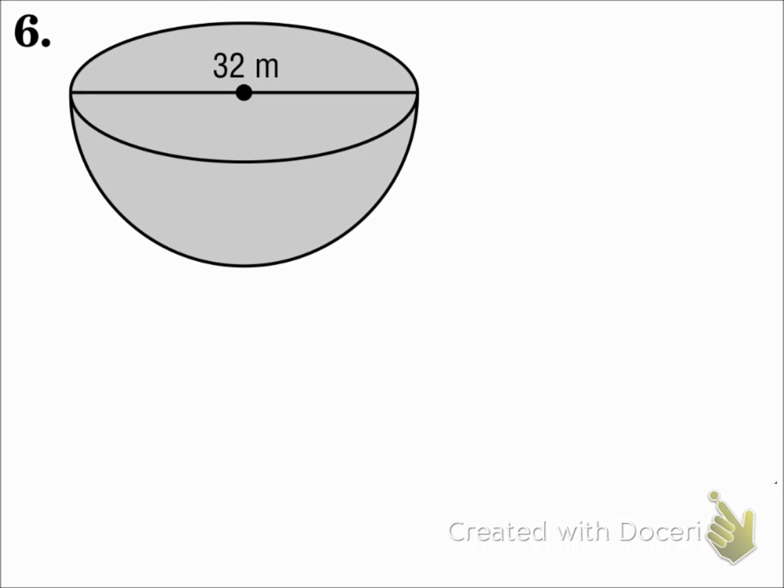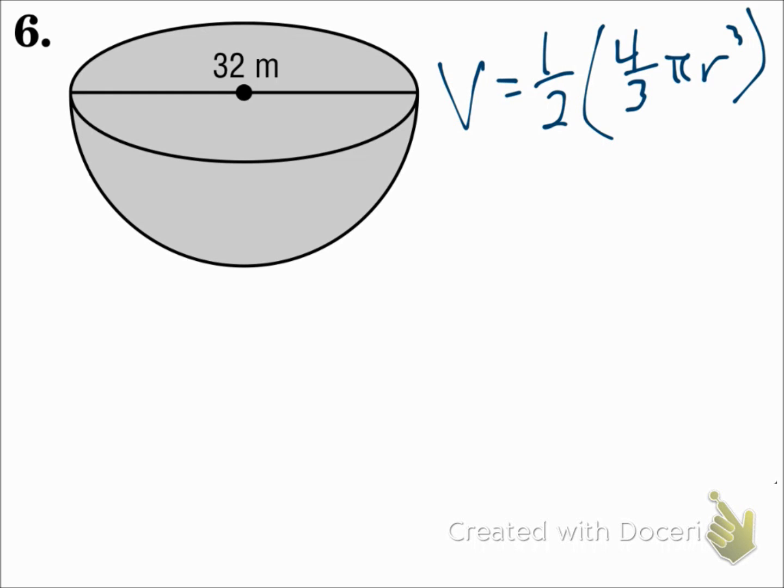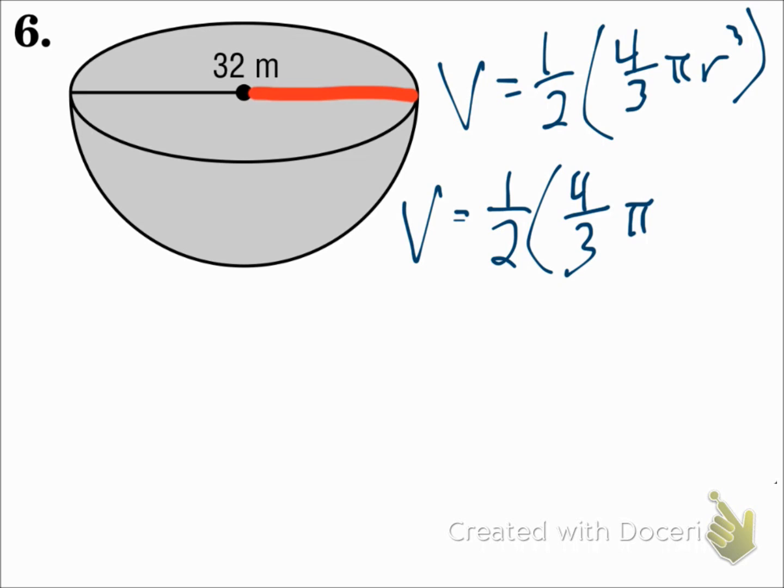For a hemisphere, it's half of a sphere, so volume will be half of 4/3 pi r cubed. So since the diameter is 32, the radius is half of that, which is 16.